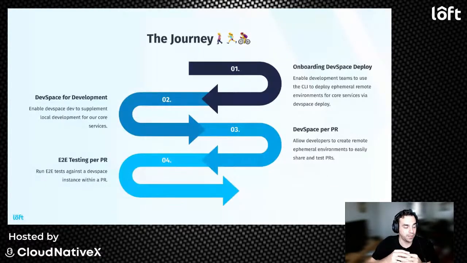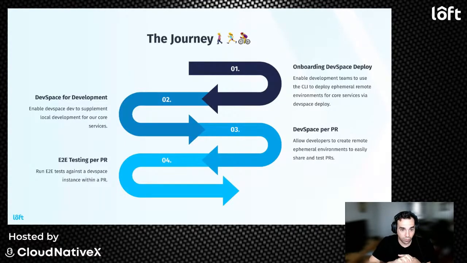DevSpace dev is essentially taking a remote container and pairing it with a local volume on your computer, and it allows you to develop on a remote container. And so the idea behind this was to help solve the local development standardization pain point that I mentioned earlier.